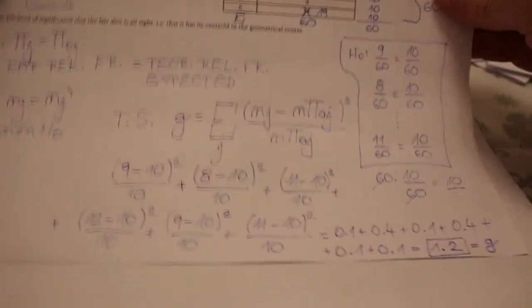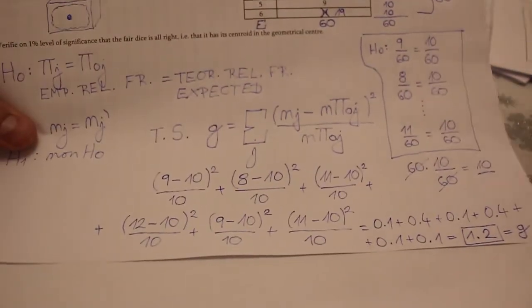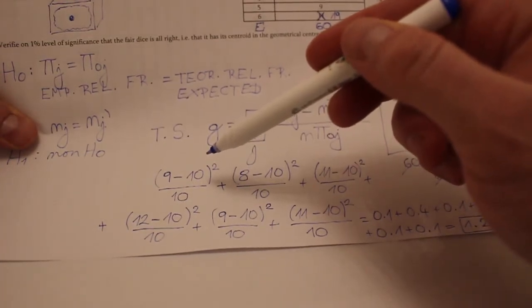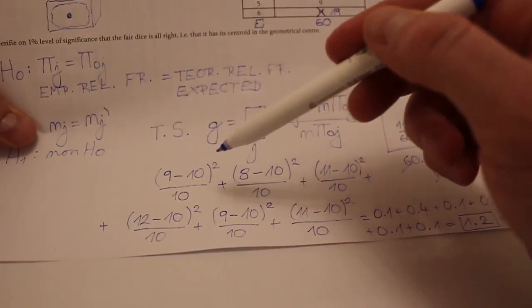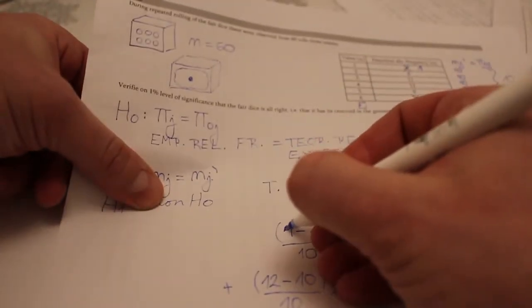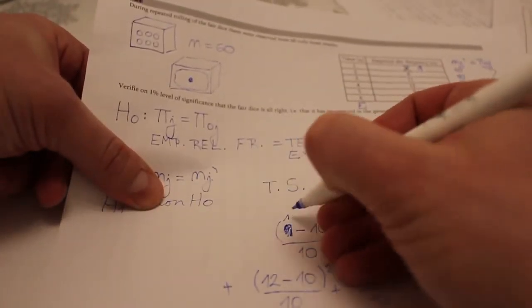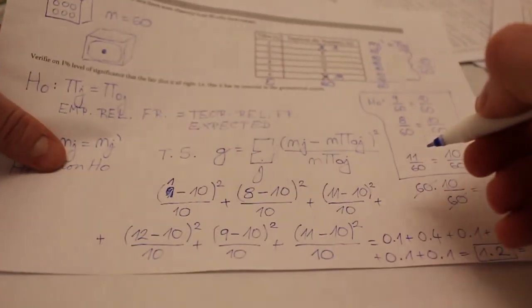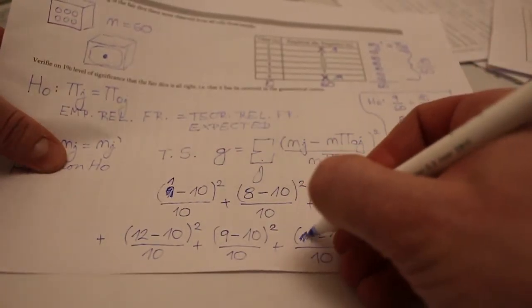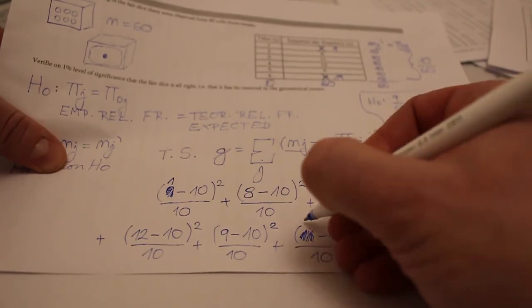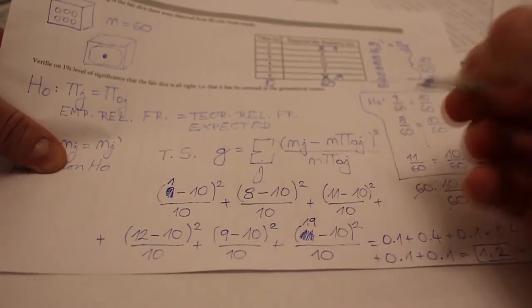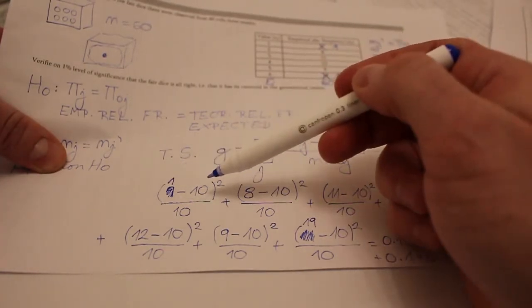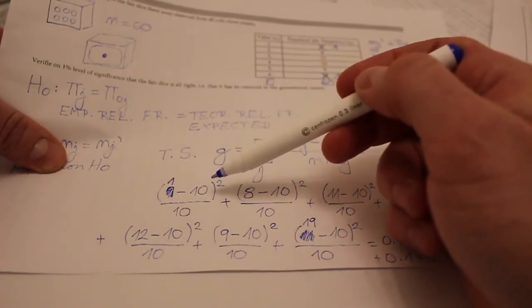So where will be the difference? Here, yes, in the case of this calculation, there will be, instead of 9, will be 1. 1 minus 10, yes, and there, instead of 11, will be 19, yes, and what is here? 1 minus 10 is minus 9.